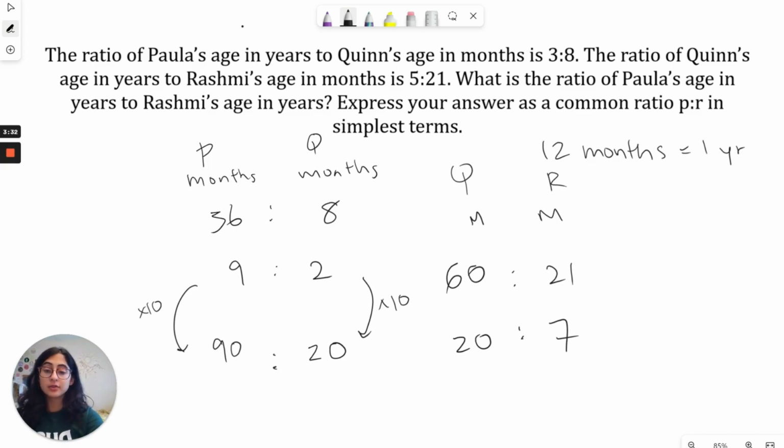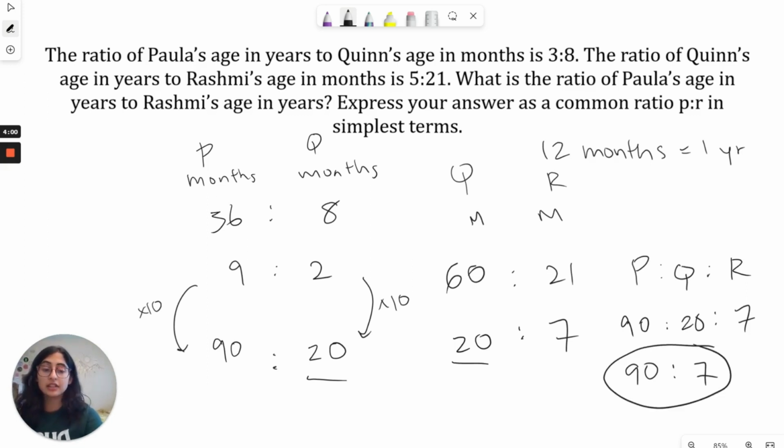But now, since 20 is the same between both ratios, we can say the ratio from Paula to Quinn is 90 to 20, and Quinn to Rashmi is 20 to 7. So the ratio of Paula's age in months to Rashmi's age in months is going to be 90 to 7.